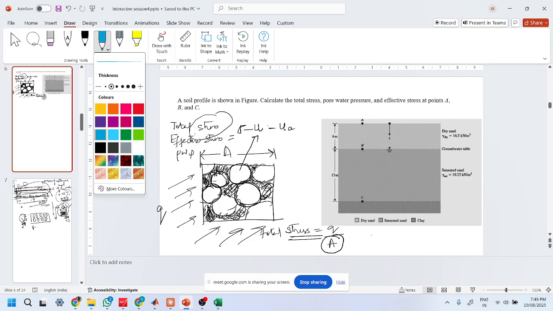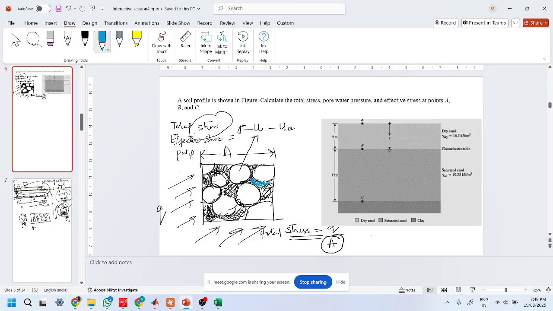Let us say that the material is not saturated. There is only some water. So the entire area is made up of volume of solids, volume of air voids, volume of water. Some of the load is being taken by area of solid, area of air voids, and area of water.